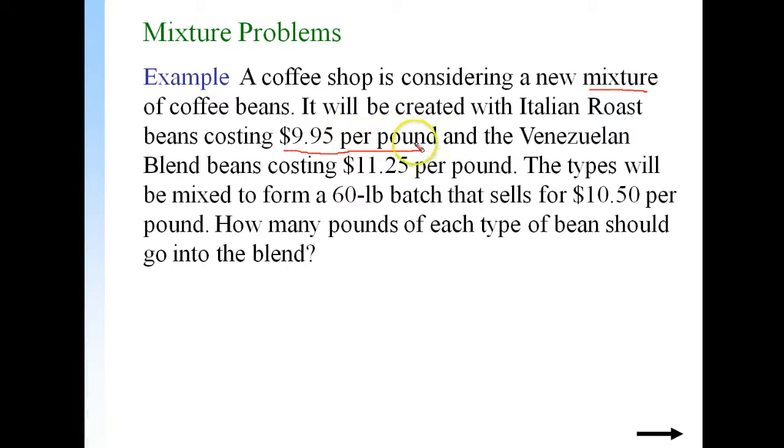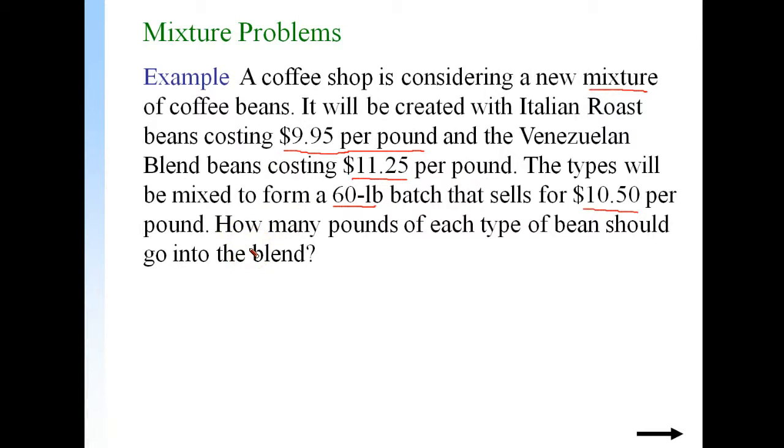Now to do this, we're going to mix Venezuelan beans that cost this per pound. And the types will be mixed with 60-pound batch that sells for this per pound. How many pounds of each type should be made to get the blend?